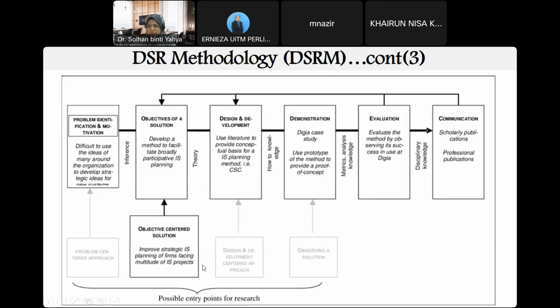So Peffer also gave this template to IS researchers, and even computer science has adopted it to build the thesis. These are common phases, and the objective of the solution is normally what solution or artifact they are going to build.